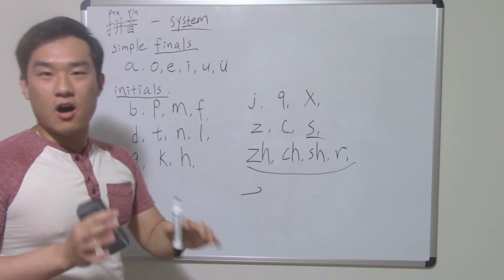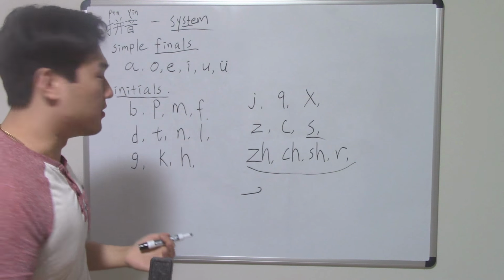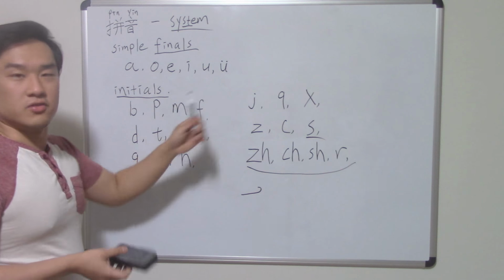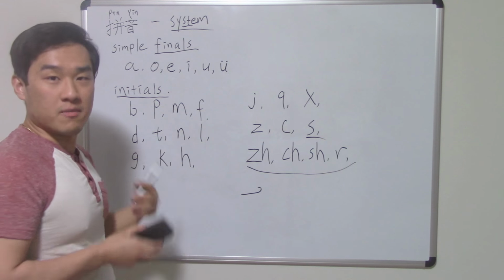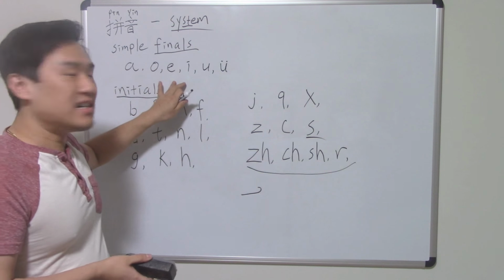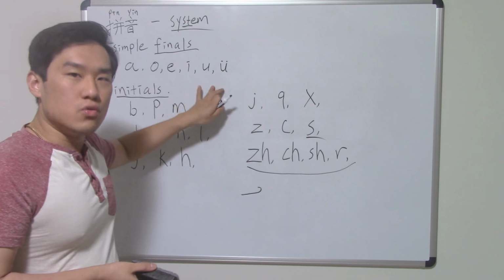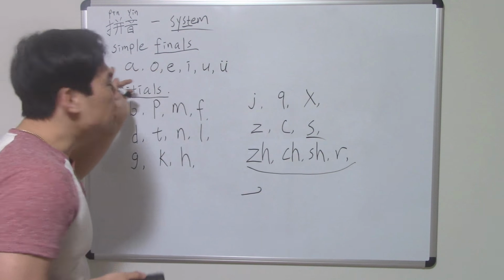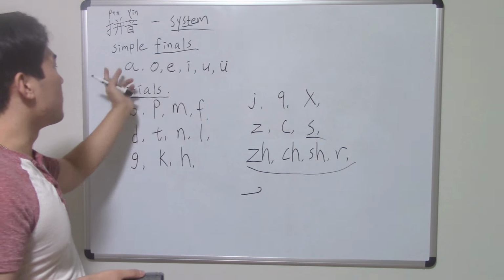I really hope the audio in this video is good. That's what I'm really aiming for, so you can clearly hear what I'm pronouncing here. So a, o, i, u, ü. I think these are pretty easy because there are only six of those.